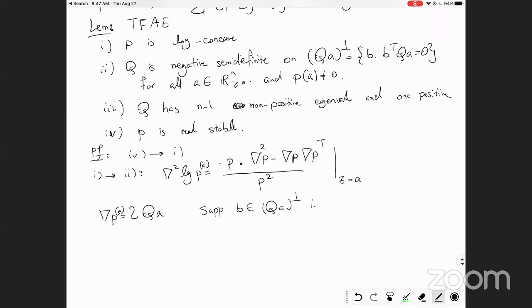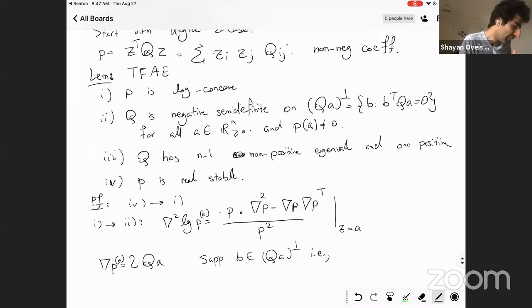Sorry, can I just ask? If we have a mixed term, where do the two come from? You have Z transpose QZ, and when you take the derivative, you get a Z, basically. That's how you get the two. But aren't there terms that contain, for instance, Z1, Z2?